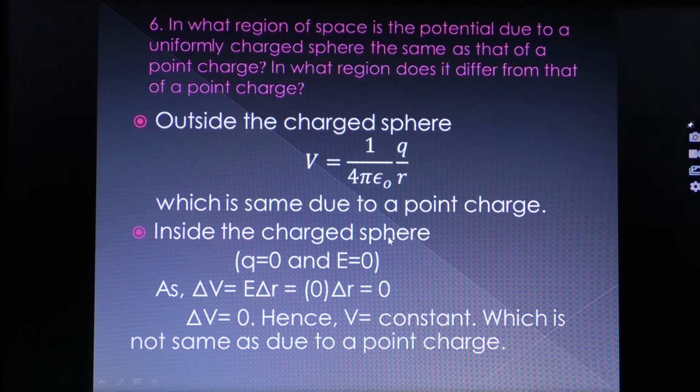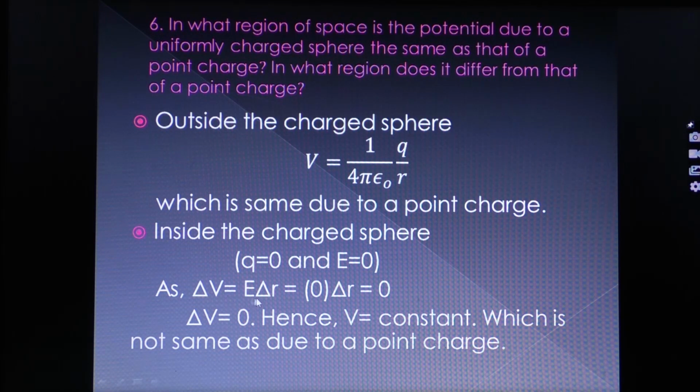Inside the charged sphere, as I told you, according to the application of Gauss's law, there is no charge enclosed. So E is equal to 0. There is no field inside the charged sphere. So that makes the expression, from where it comes, potential gradient: E is equal to delta V over delta R. So solving for delta V, what we get?